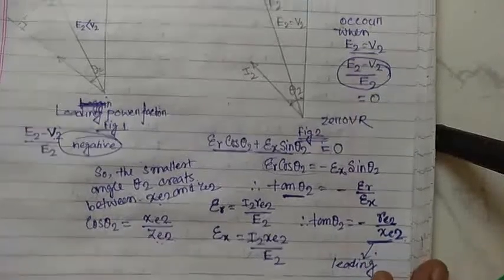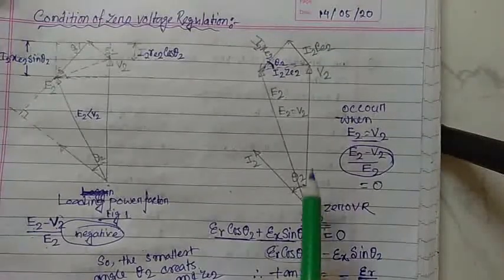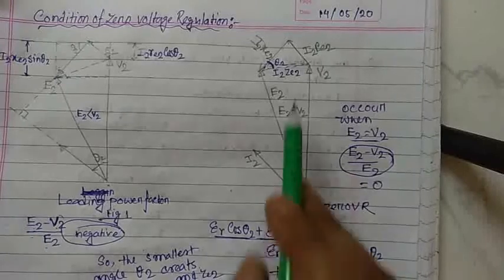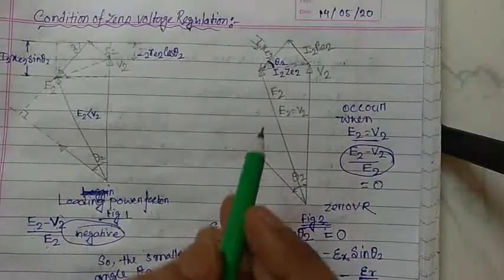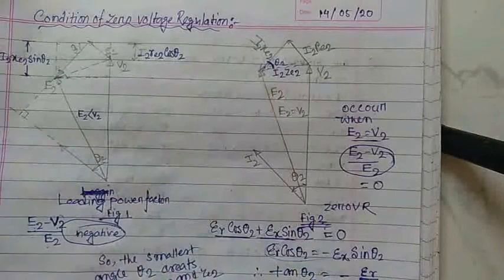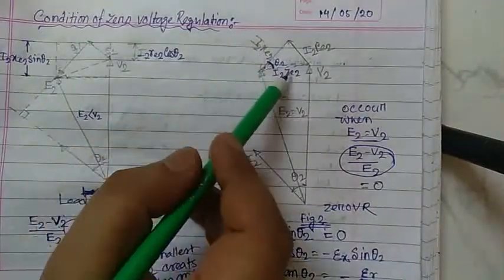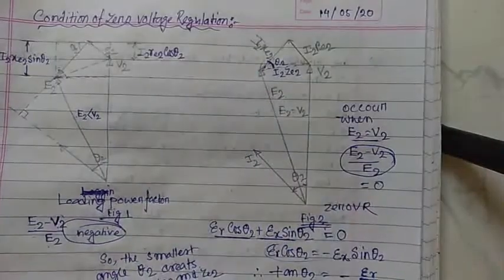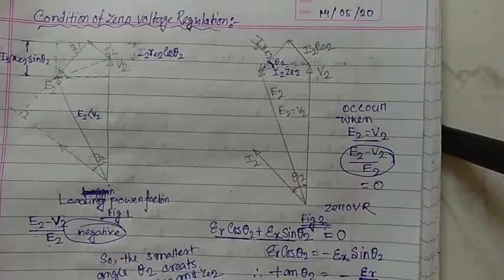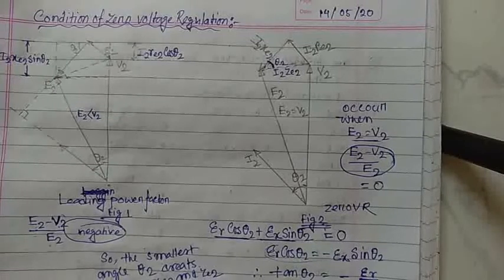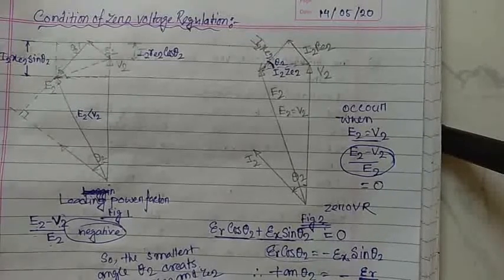Okay, now look at picture number 2 again. The angle theta 2 is created between Xe2 and Ze2, so cos theta 2 is nothing but Xe2 divided by Ze2.